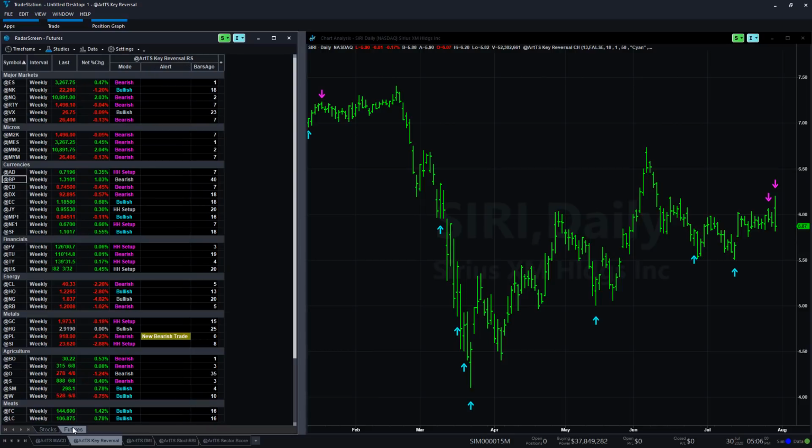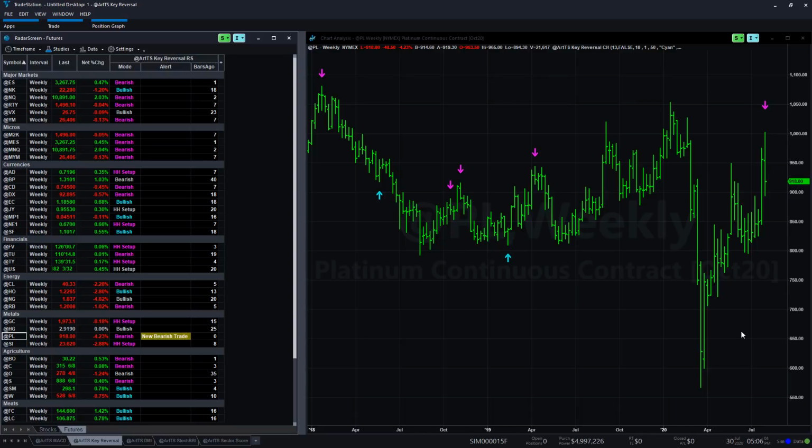How about futures? Platinum. So this has been on a tear since the dollar's been in decline, and today we got a huge range bar. We've had a couple of huge range bars here for platinum since March, but these last 2 days have been pretty big range bars, and there's a key reversal right there.